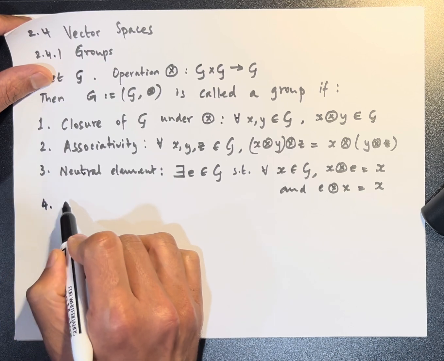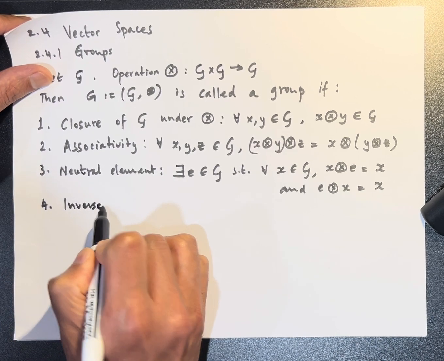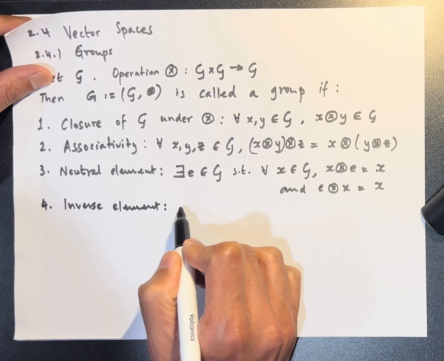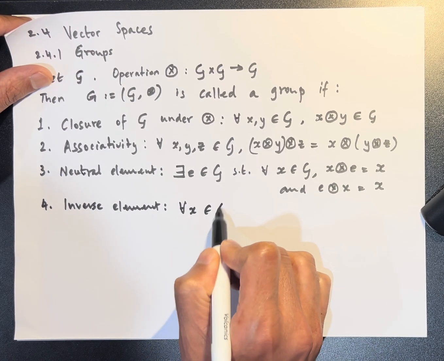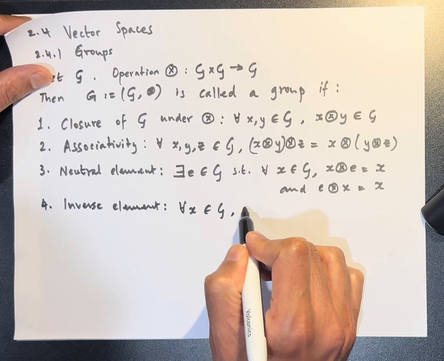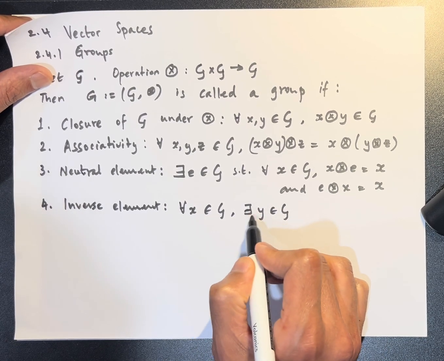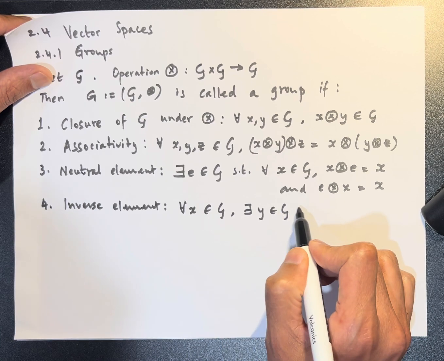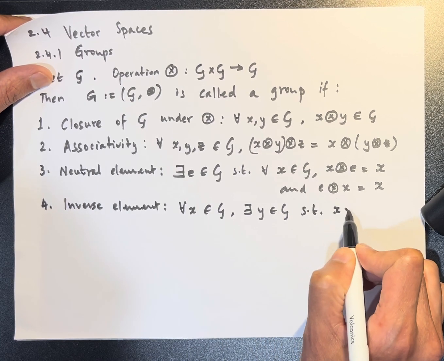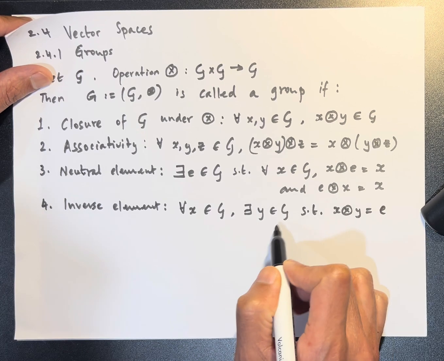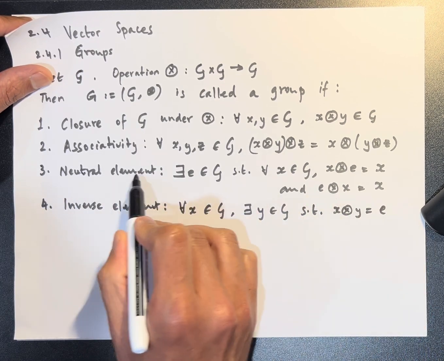And then the fourth one is the inverse element. For every x in G, there exists a y in G such that when x and y are operated, they give you this E, where E is the neutral element.